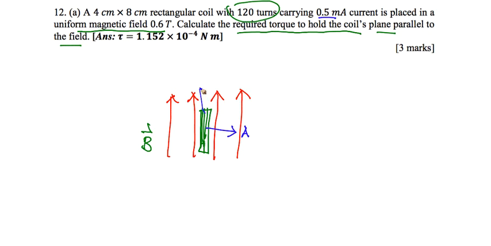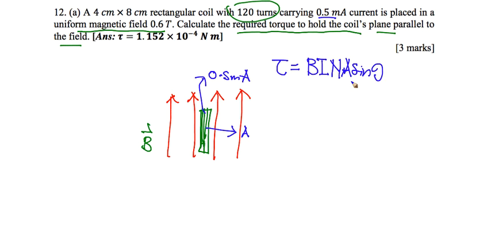The current flow here is 0.5 milliampere. To calculate the torque, the equation for the torque is equal to B, the magnetic field, times the current I, times the number of turns N, and the cross-sectional area A, times sine theta.